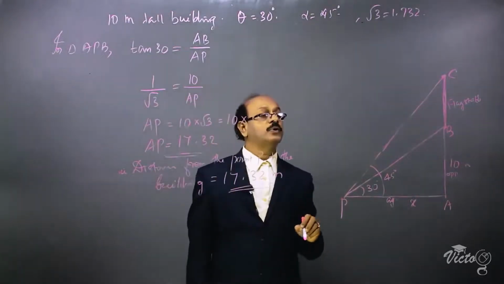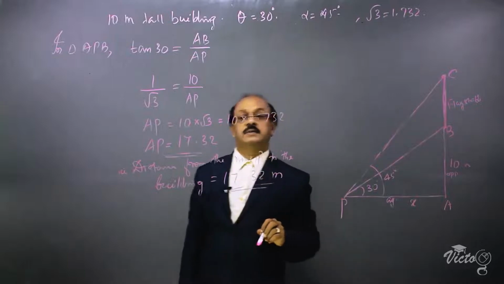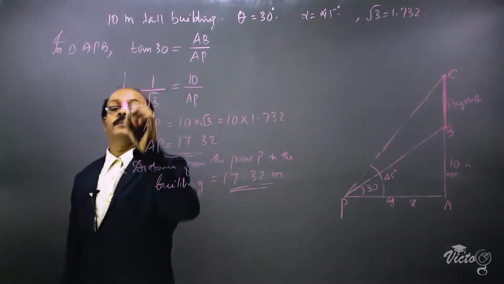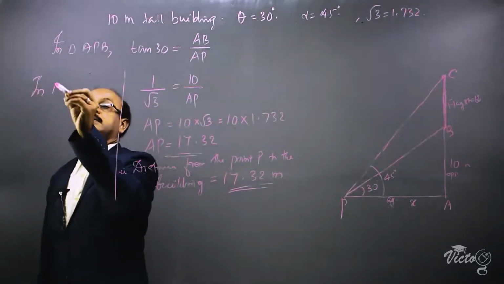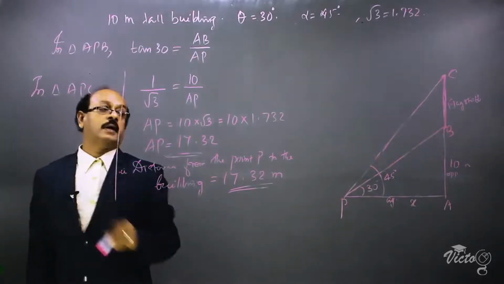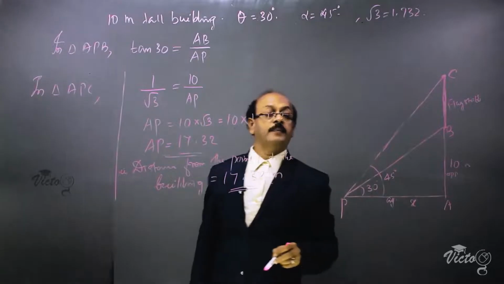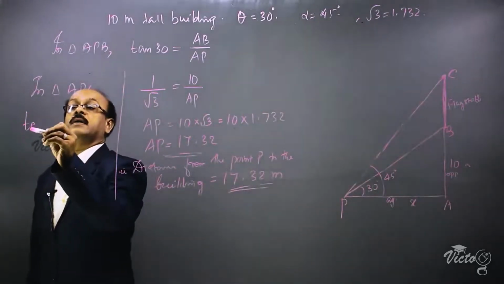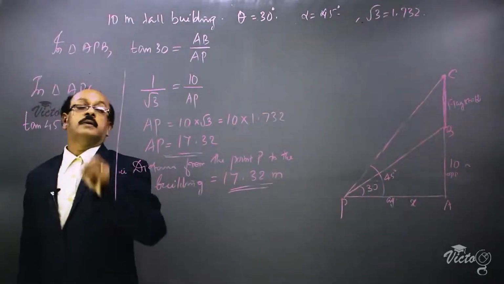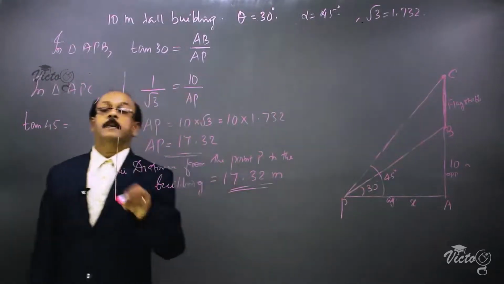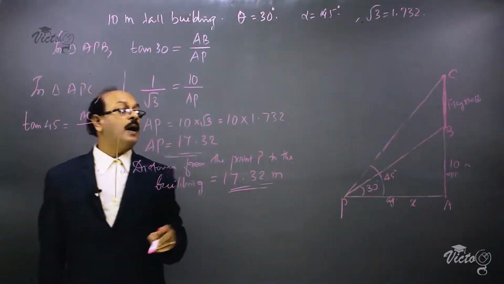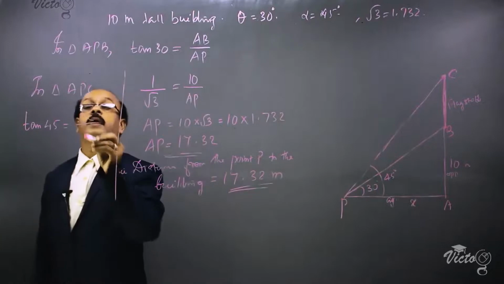Now we have to consider the triangle APC. In triangle APC, the opposite side is AC and adjacent side is AP. We are taking tan 45. Opposite side is AC and adjacent side is AP itself.